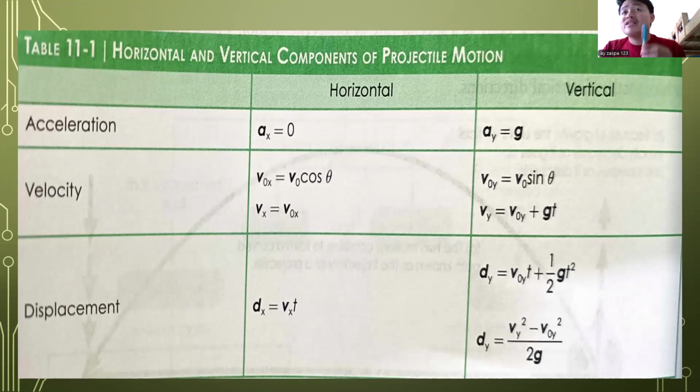That means it has a connection with gravity. That is why we have acceleration due to gravity. And that acceleration due to gravity is always taken as 9.8 meters per second. In projectile motion, it will be negative because anything that goes down will become negative.